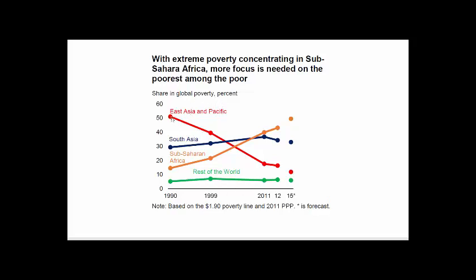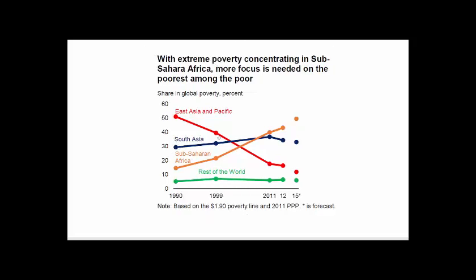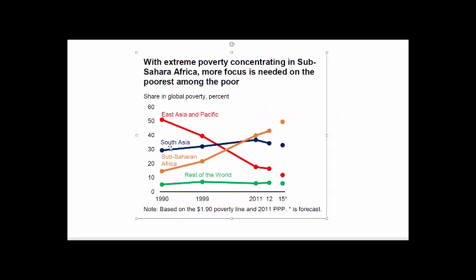East Asia includes China, and it has fallen most dramatically here, as you can see. In South Asia, the biggest part of which is India, it's kind of flat, but it has also gone up a little bit. Sub-Saharan Africa, it has actually gone up a little bit. So extreme poverty now is kind of concentrated in two parts of the world. Really, it's South Asia, of which India is the biggest part, and Sub-Saharan Africa.